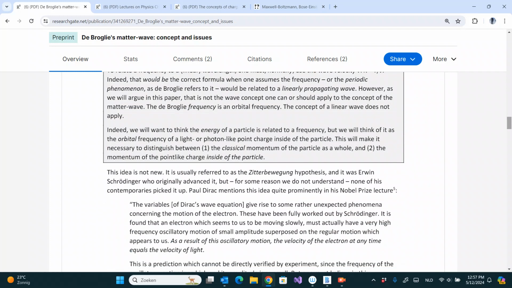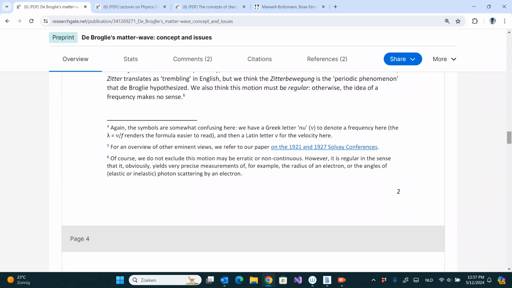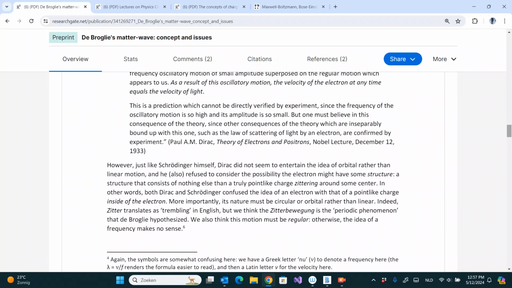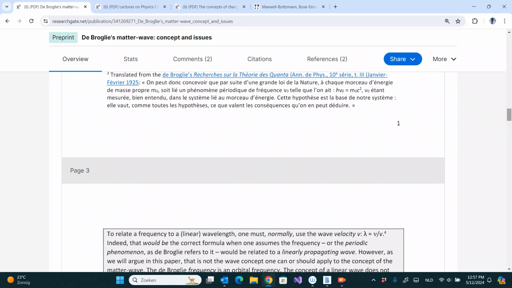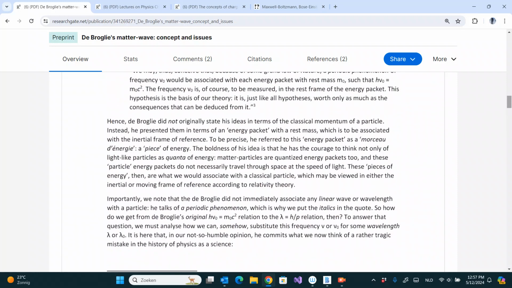They are charge in motion, and that charge in motion has a certain structure, and that structure explains its scale, etc. But I wanted to point it out.